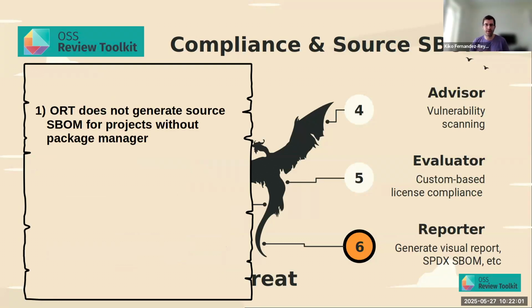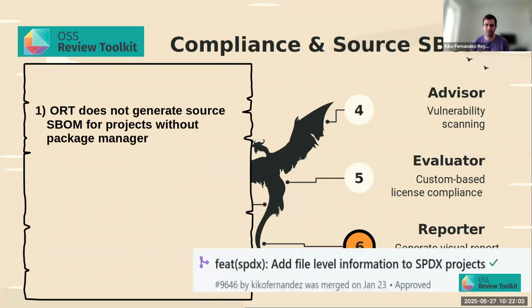So we went back to the OS Review Toolkit, and we thought that our case probably is not the only one where maybe they don't have integration with a package manager, and people could benefit quite a lot from using ORT. But there needs to be a way to be able to create an SPDX or an SBOM report. So we created a pull request that they accepted, and that's how we can now generate SPDX reports for projects that don't have a package manager integrated into ORT.